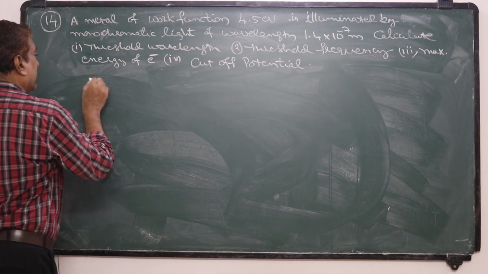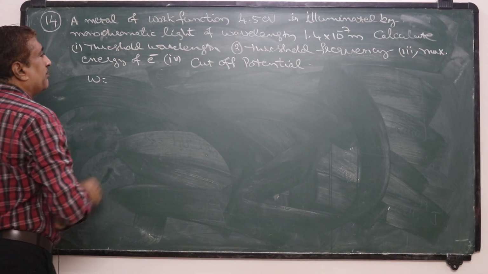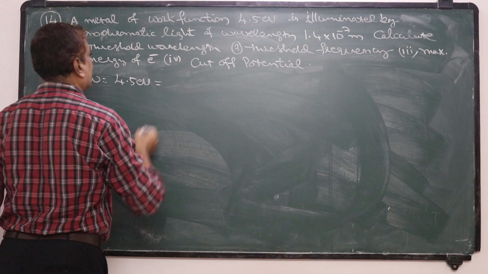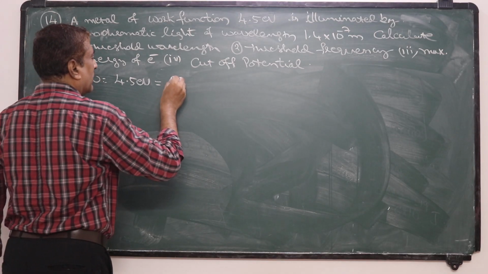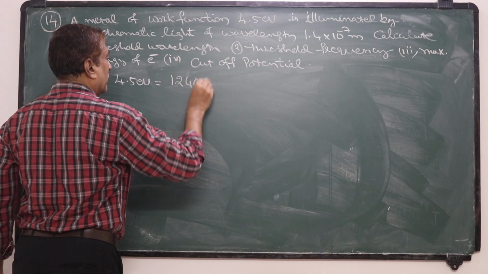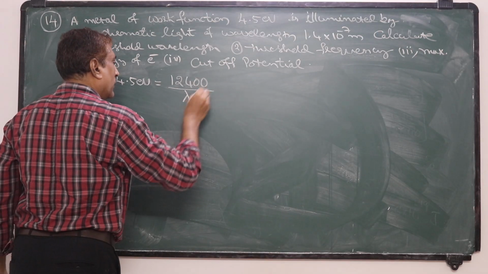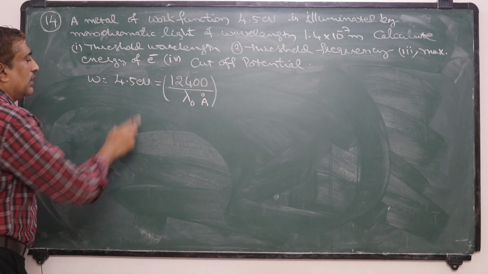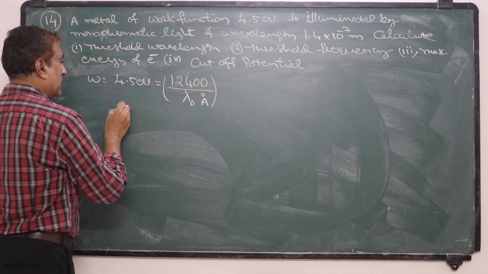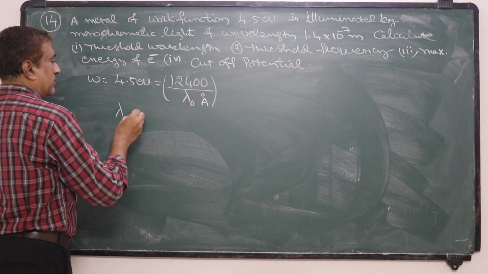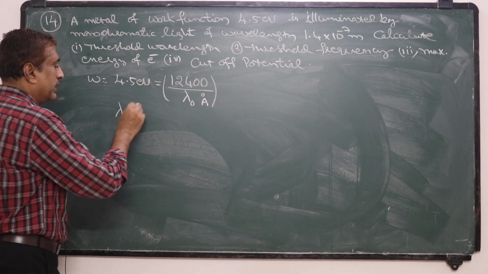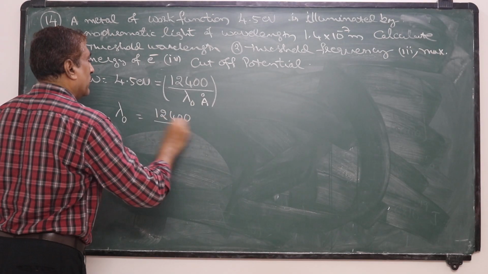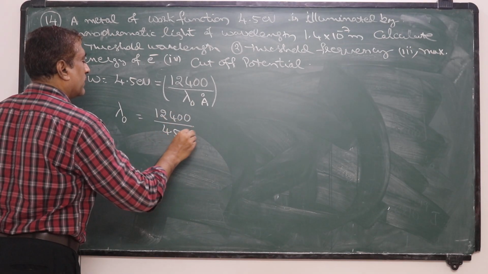Okay, now given W, the work function, is 4.5 electron volt, and that is 12400 by threshold wavelength in Angstrom. From this, lambda 0, that means threshold wavelength in Angstrom, is equal to 12400 by 4.5 electron volt.